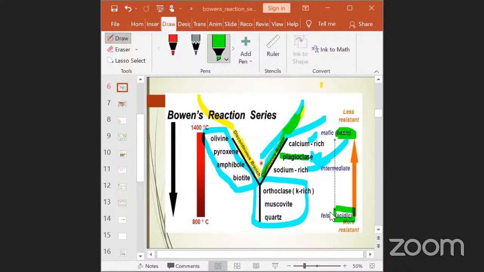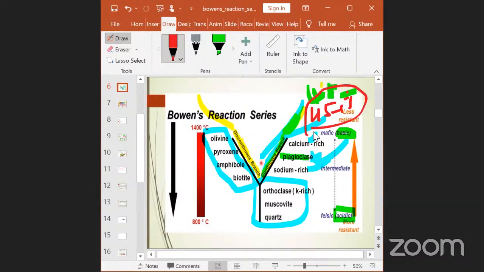Because in the case of mafic magma, where the silica percentage is only 45 to 55 percent, there is no chance that it can form free quartz.